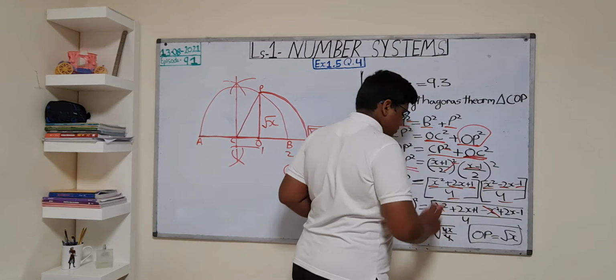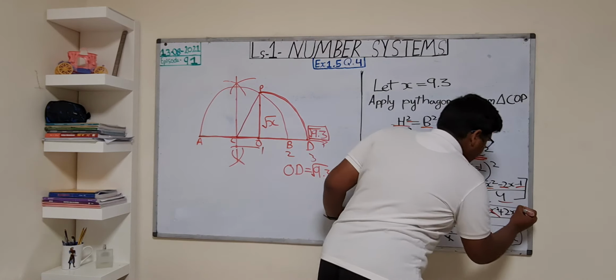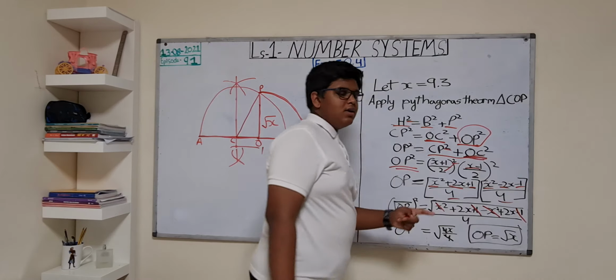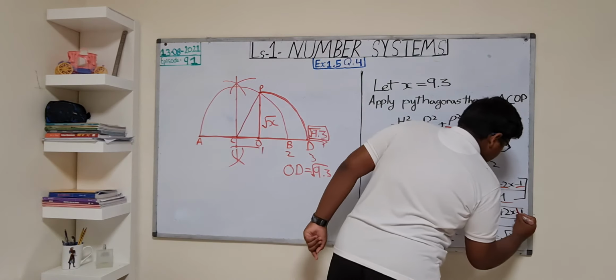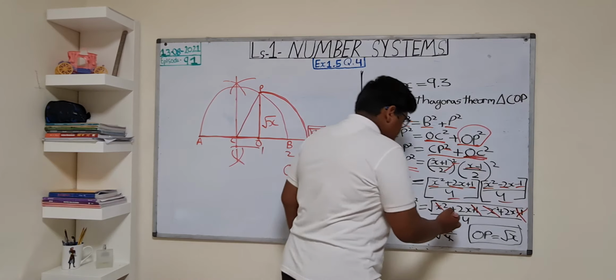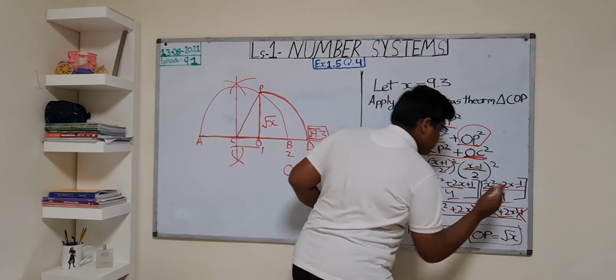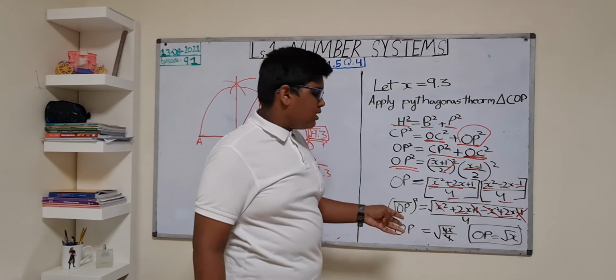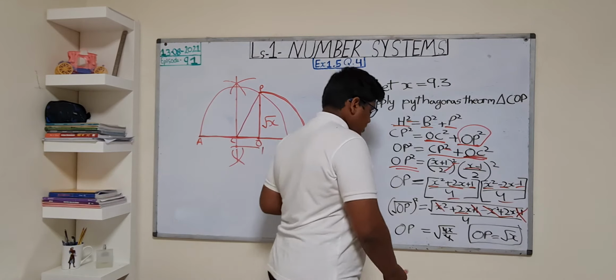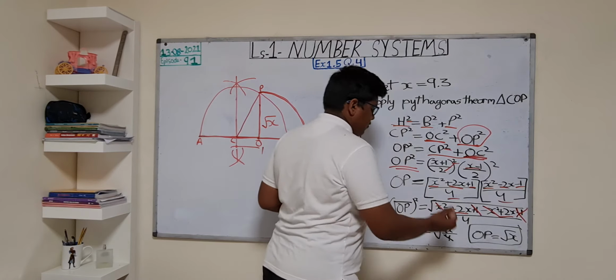Now we have plus 1 over here and minus 1 over here, right? So we can cancel plus 1 and minus 1 also. Now what is left is 2x and plus 2x. These are the only two things which we have left. So when we add both of them, we get 4x by 4. Why by 4?